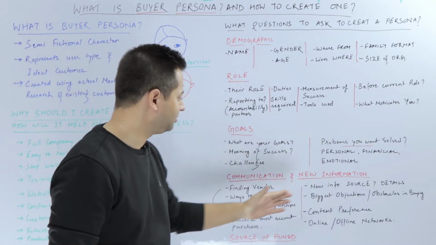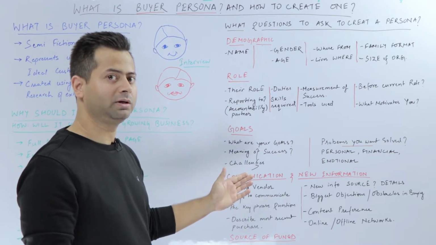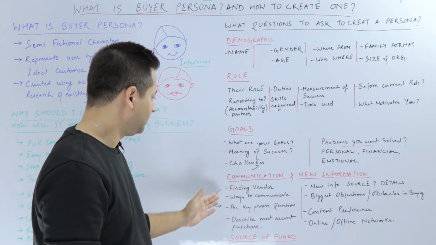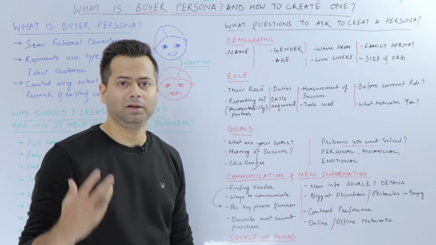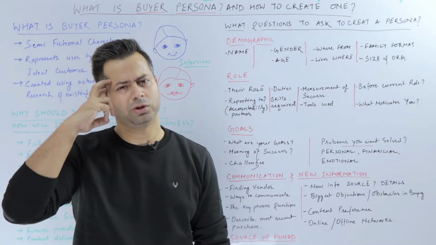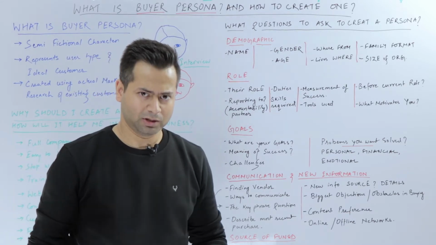Communication and new information. How do they find new vendors if they have a problem and they want some product or some service? How do they find? And what are the key phrase questions? What I mean by key phrase question is, when I want to find something, I actually have a question in my mind. Even though I'm not searching on the internet, I still have a question in my mind.